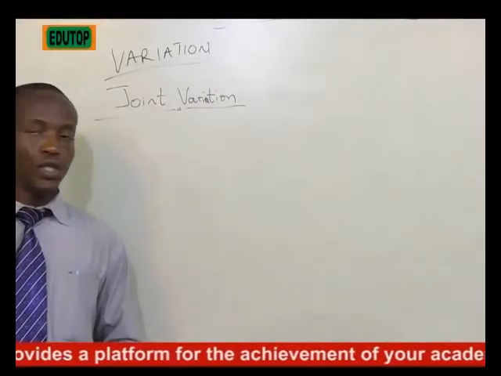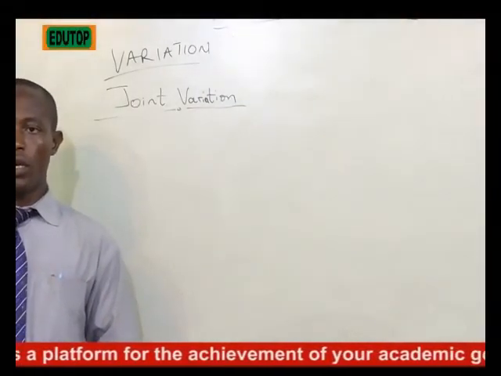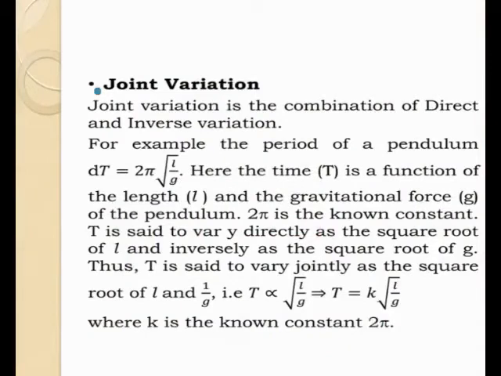The next type of variation is the joint variation. Joint variation is the combination of direct and inverse variation. For example, the period of a pendulum T is equal to 2 pi times the square root of L over G, where T is a function of the length L and the gravitational force G of the pendulum, and 2 pi is known as a constant.